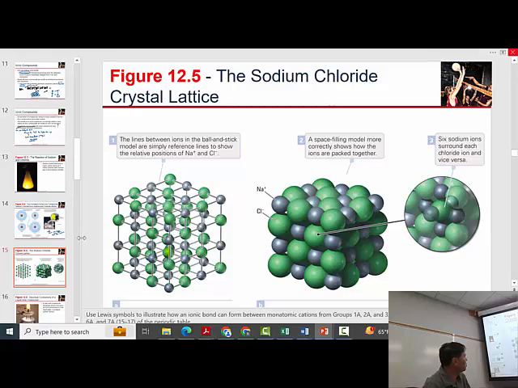The lines just show the nearest neighbor. But we don't show ionic bonds like this. This is the way we show ionic bonds. We just put the positive next to the negative. We put as many negatives around the positive as we can, and we put as many positives around the negative as we can. And so this is just an expanded lattice, showing how things are connected here.